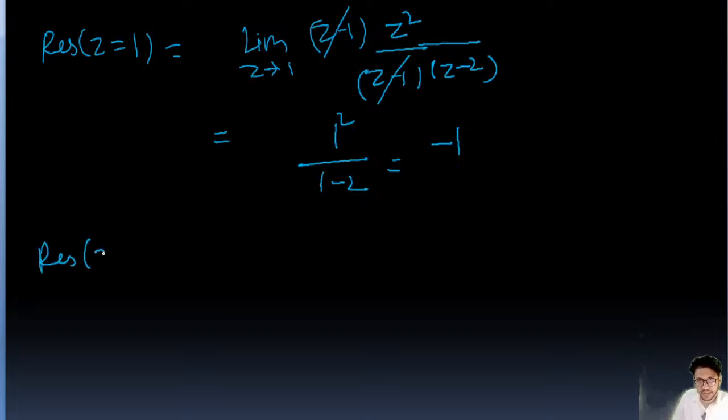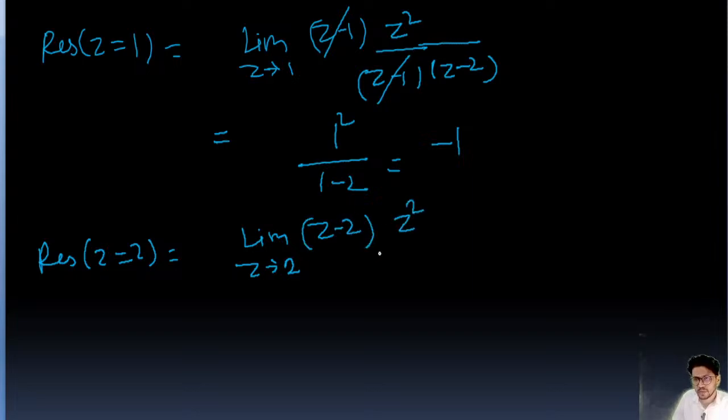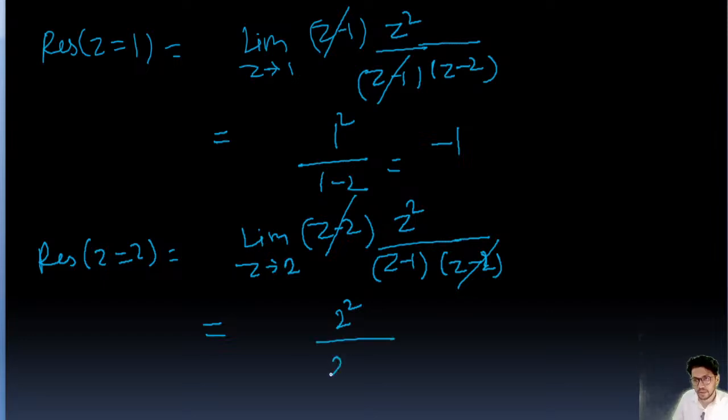Similarly, the residue at z equal to 2 is going to be the limit as z tends to 2 of (z minus 2) times z squared upon (z minus 1)(z minus 2). The z minus 2 gets cancelled, and putting z equal to 2, we get 2 squared upon 2 minus 1, so this value is going to be 4.